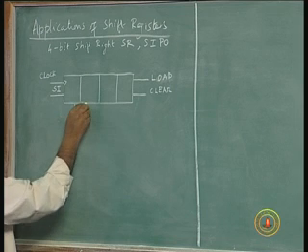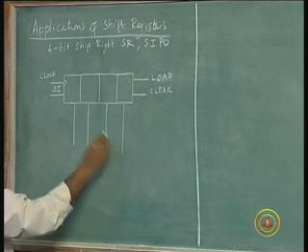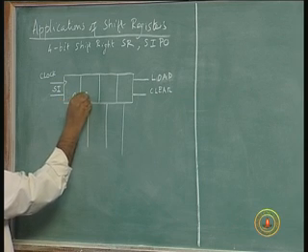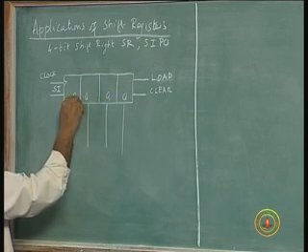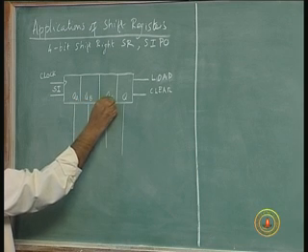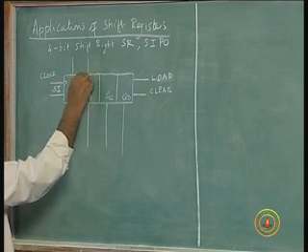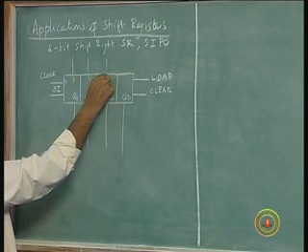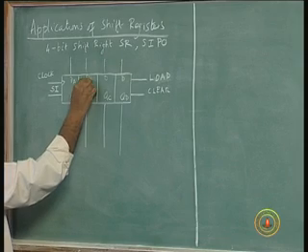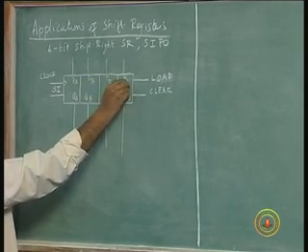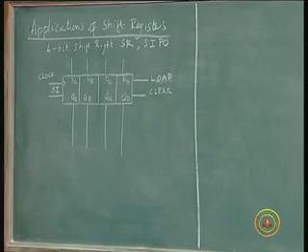So, the outputs are parallel outputs, Q, call these A, B, C, D. First you put a pattern in this, load it.